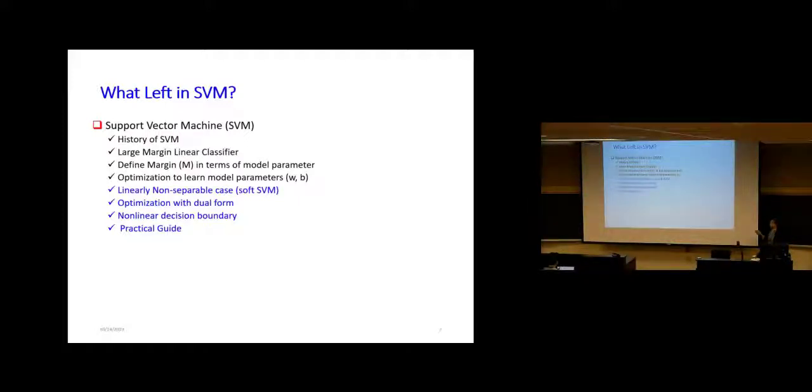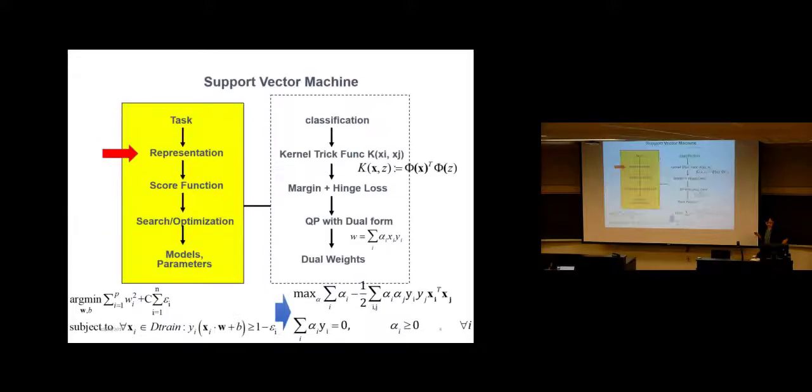So history, margin definition, and the optimization formulation. Today, what I'm going to cover is the last two sections in this whole set of different elements of SVM. SVM is an extremely complicated and mathematically derived model, so I split it into three different sections.